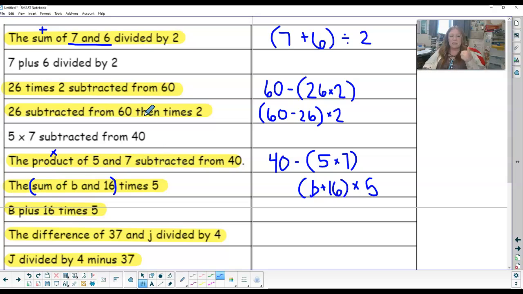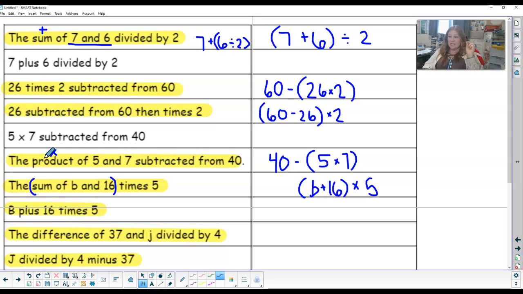So when we hear words like sum or difference, product, quotient, that's saying that's an answer. You've got to put that as a group. So if this one would have just said 7 plus 6 divided by 2, then I would have to do the division first. But because it said the sum, you want to find that group together.